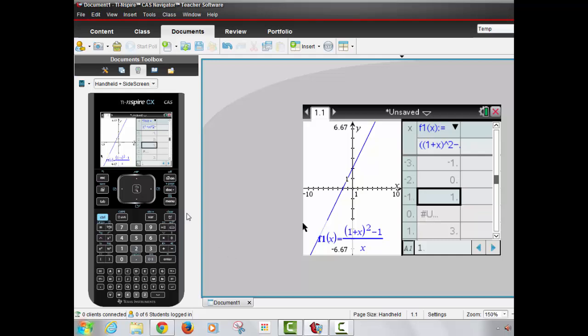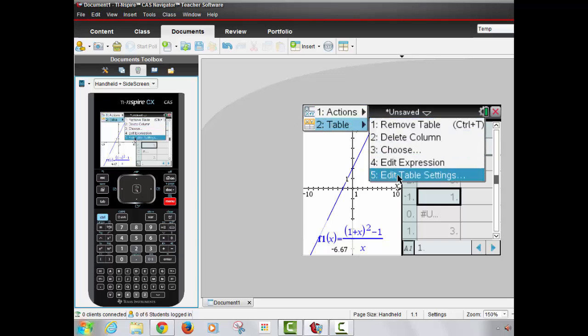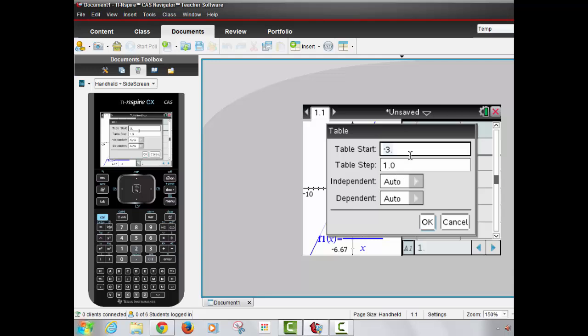So the way we're going to get closer to 0 is we're going to go to Menu, Table, Edit Table Settings, and let's start at a number just slightly to the left or negative side of 0. So let's put in negative 0.005.